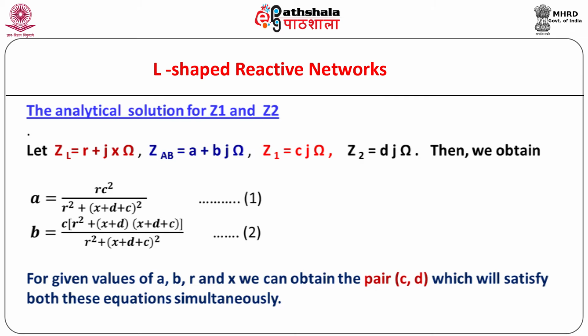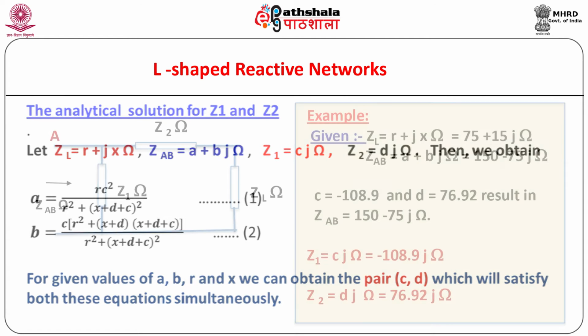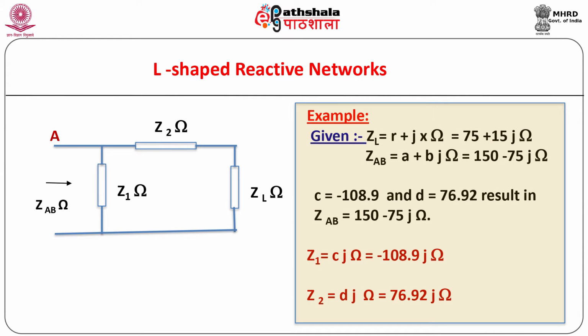For given values of A, B, R and X, we can obtain the pair of numbers C, D which will satisfy both these equations simultaneously. For example, consider the following circuit. Here C equal to minus 108.9 and D equal to 76.92 result in the desired impedance ZAB is equal to 150 minus 75 j ohm.